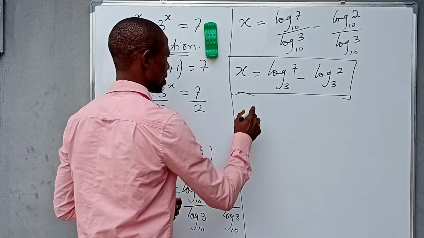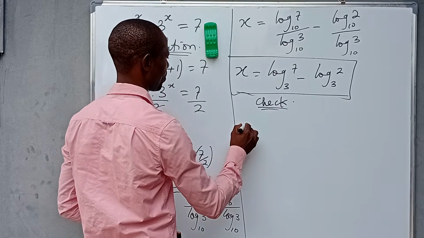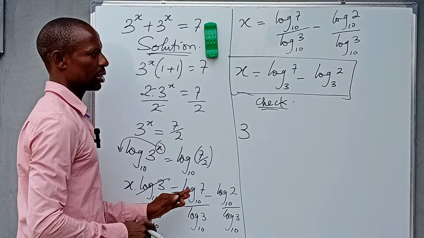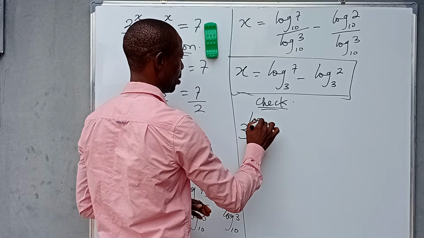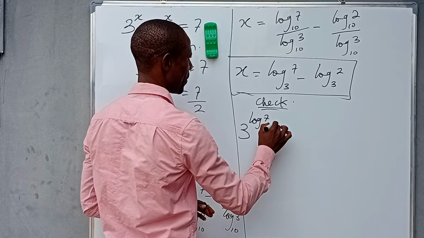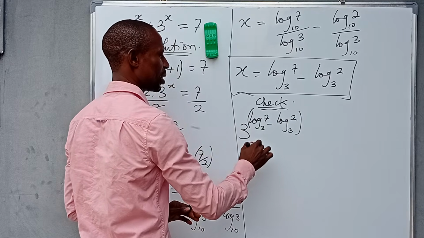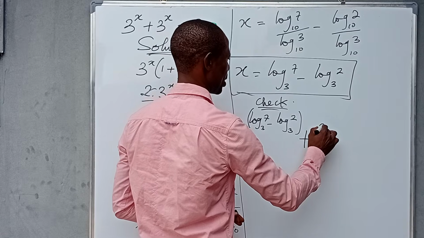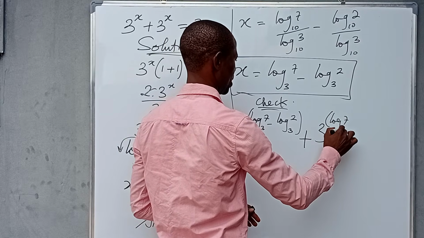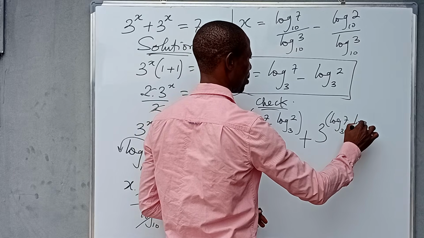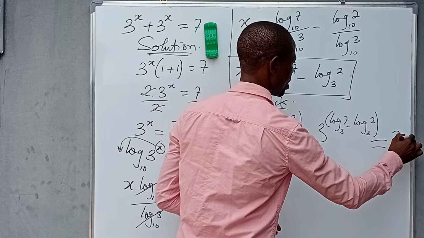So what we'll do is a simple check. Our equation here is 3 to the power of x. Look at the value for x. So we write 3 to the power of (log 7 base 3 minus log 2 base 3), in brackets, then plus 3 again to the power of (log 7 base 3 minus log 2 base 3), close bracket, everything equal to 7.